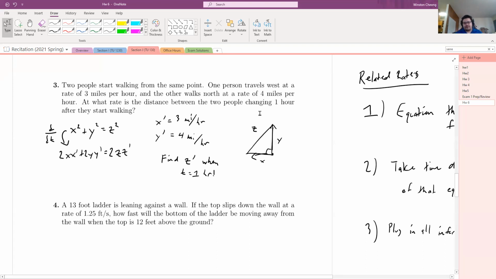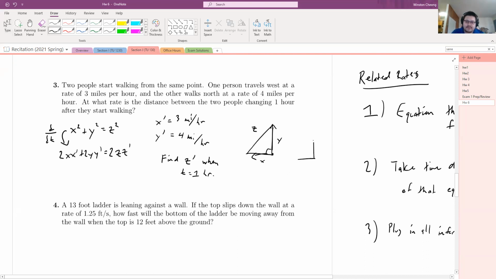What I've drawn here is a moving picture, a dynamic picture. Imagine this is an animation that is changing, because the quantities x, y, and z are all changing over time. But in this problem, z' is specified at the time 1 hour. So we're looking at a specific snapshot in time, and in that snapshot, what is the configuration of our system?